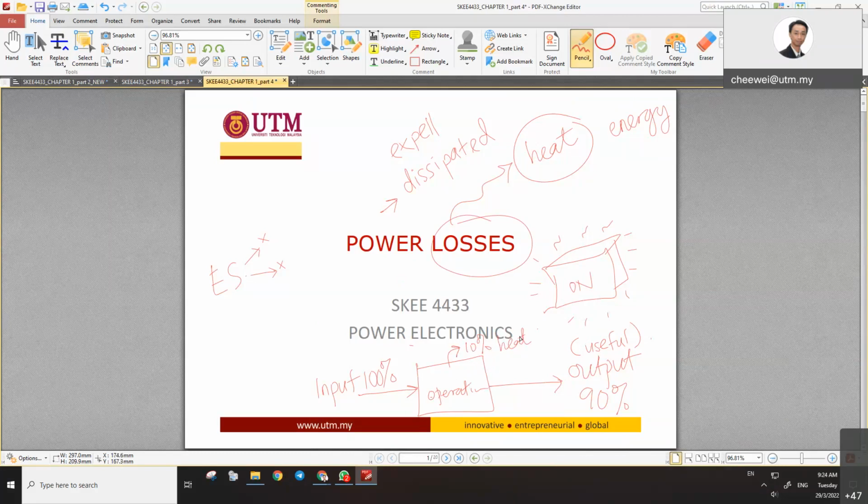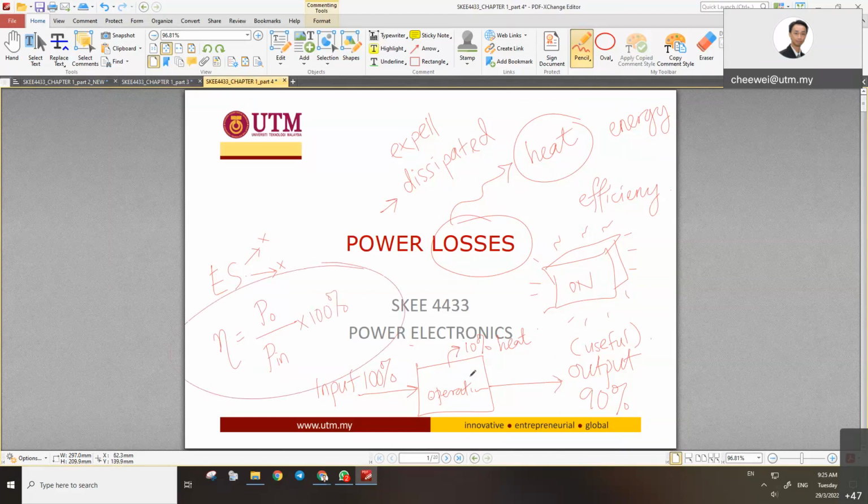What is the impact of the losses? The losses, because they are not useful, we don't get the benefit. It will bring down the efficiency. Remember what is efficiency? P out over P in, multiplied by 100%.